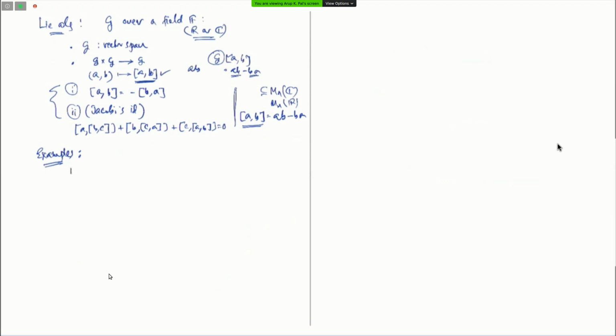For example, let's say we take g to be R, the vector space, with the field also R. So a real vector space, we take R itself and we define the product, and then trivially both these identities are satisfied.